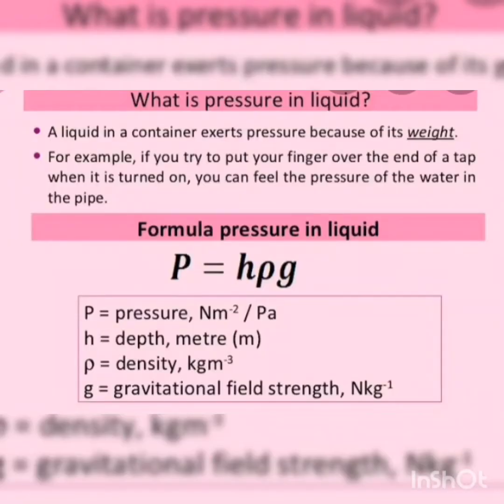So the formula to calculate the pressure exerted in a liquid is P equals hρg, where P is pressure having unit Pascal, h is the depth, unit meter, ρ is density, kg per meter cube, and g is the gravitational field strength or acceleration due to gravity.